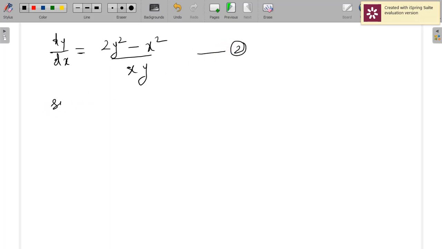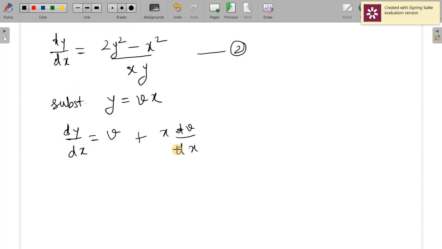Substitute y is equal to vx. With this substitution, we know that dy by dx will be the same as v into the derivative of x, that's 1, plus x into dv by dx.